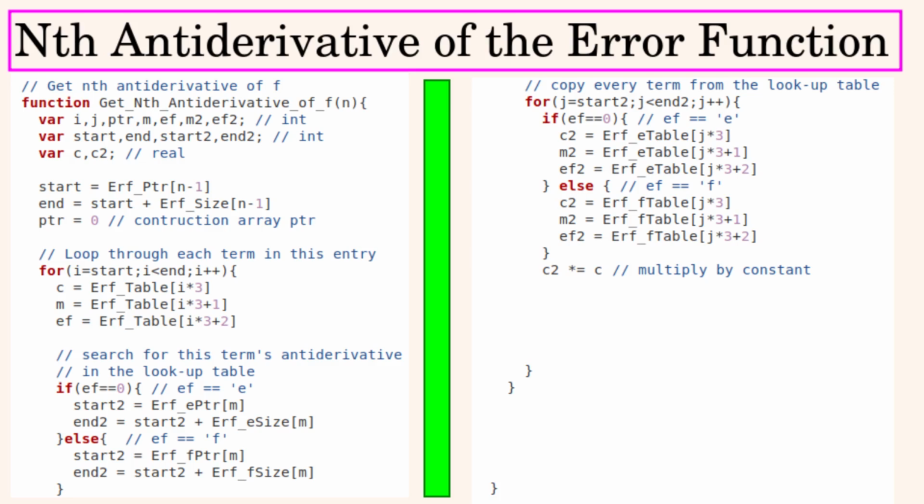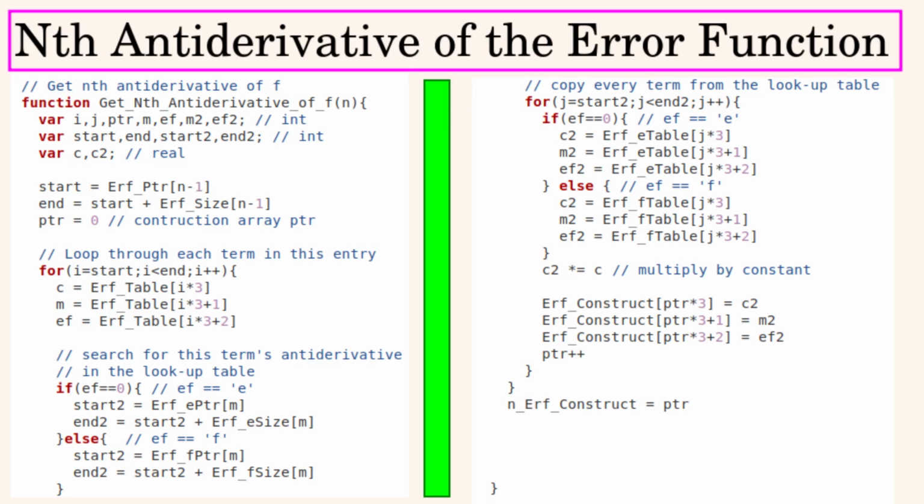I thought I'd do it here because it takes up less memory in the code. So then we'll copy this expression to the construction array, so that we can simplify it later. We'll copy everything here, like in the algorithm that we studied earlier. The variable ptr is used to help keep track of where to put the next term in the construction array, and not just for the final length of the expression.